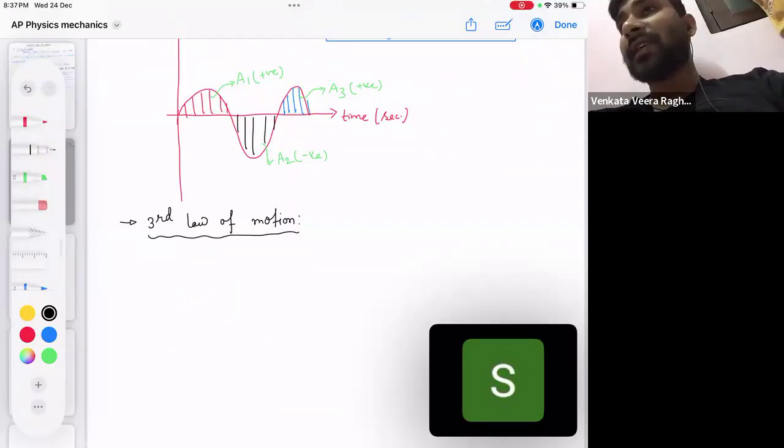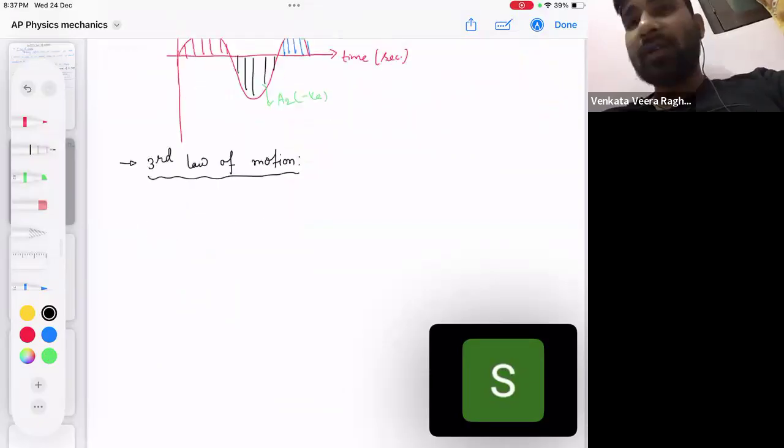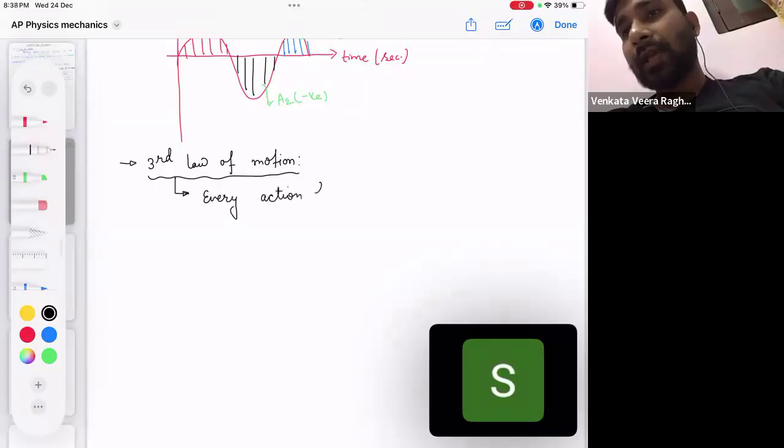This law is the simplest of all in statement form, but it has a very, very large number of applications. In simple words, it says every action has an equal and opposite reaction.